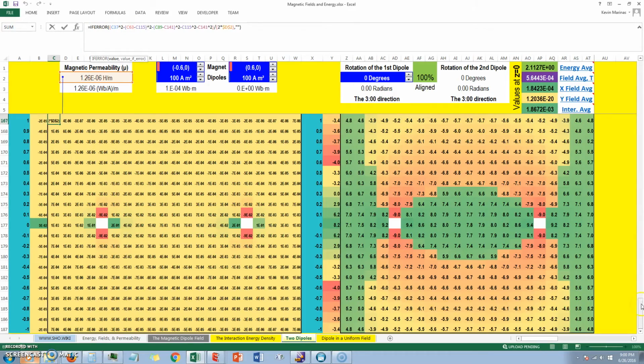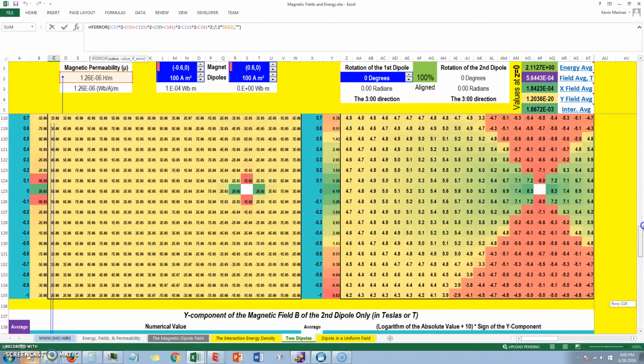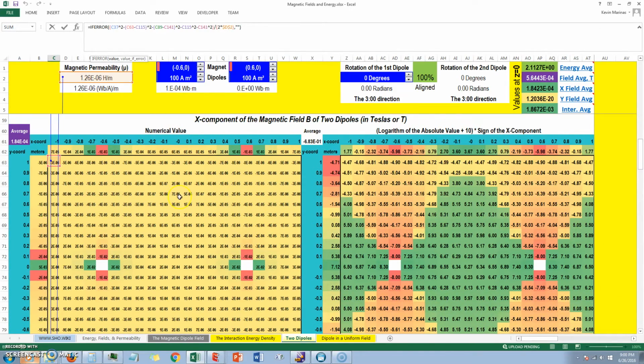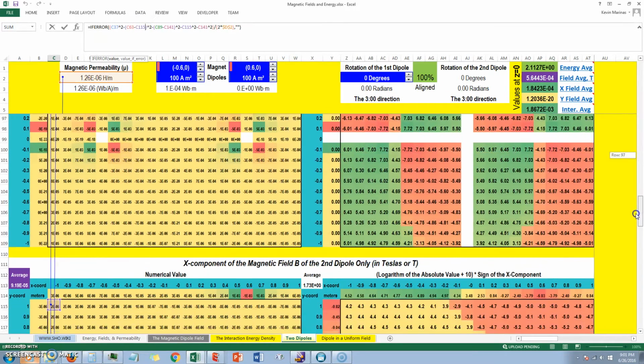So C63 minus C15, well, the C63 gives us the x component of the magnetic field B at this coordinate, -1, 1. Okay? So that's C63, and C15 brings us down here.